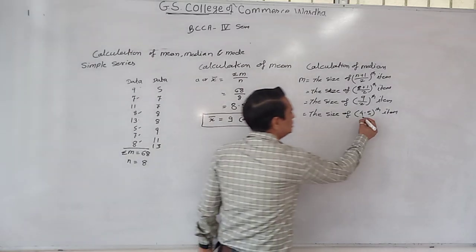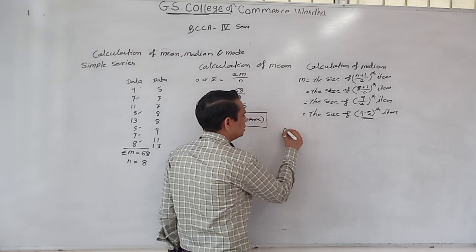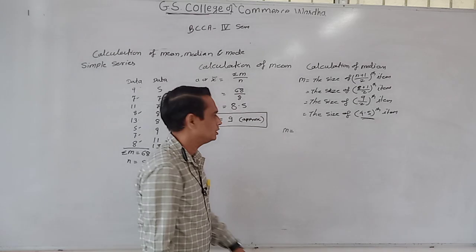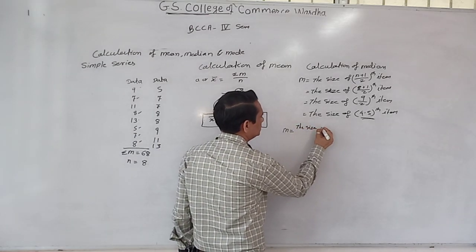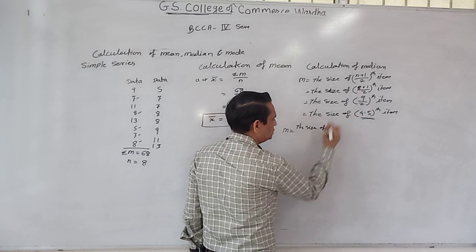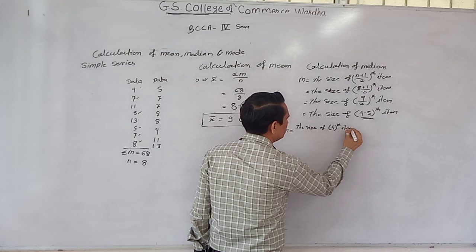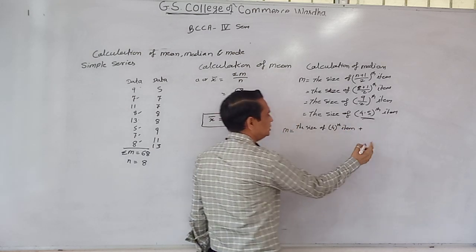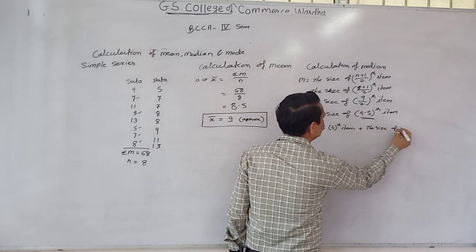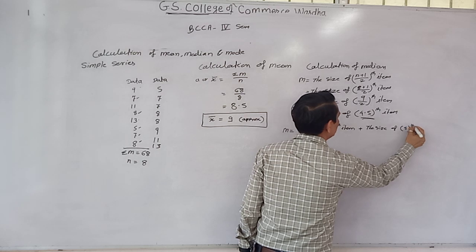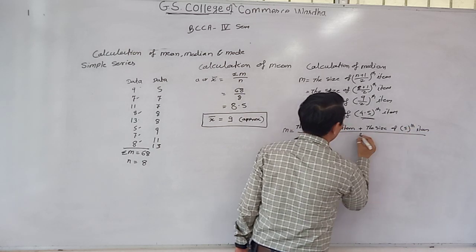When the answer is a decimal, we have to use another formula: the size of the fourth item plus the size of the fifth item, all divided by 2.